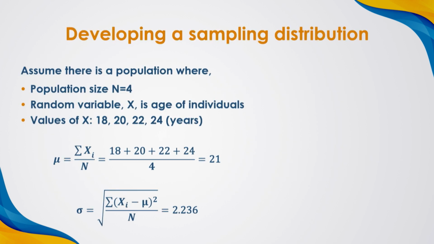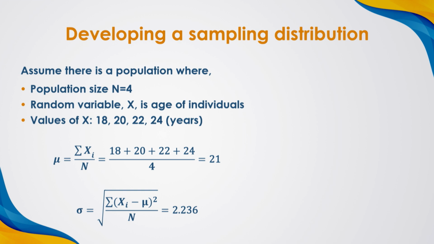Developing a sampling distribution. Assume that there is a population where the population size is 4. The random variable capital X is considered as the age of individuals. Values of X are 18, 20, 22 and 24. We can find mu, which is equal to summation xi by N, which is 18 plus 20 plus 22 plus 24 divided by 4, equal to 21.